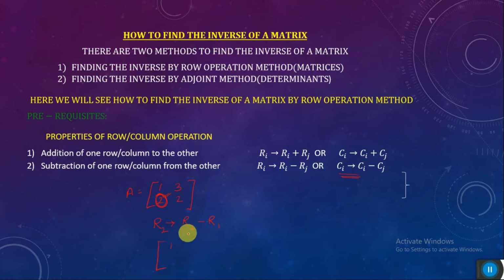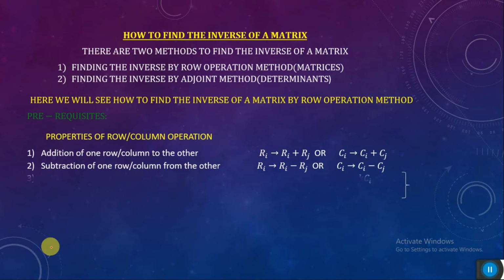Row 1 is not under operation, so you keep it as it is. 2 minus 1 will give me 1, and 2 minus 3 will give me minus 1. So this is how you will get 1 here. Look at one element at a time. This is how you will use row operations.